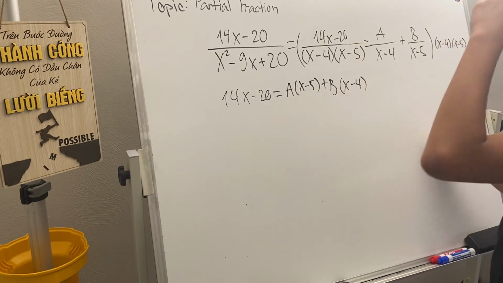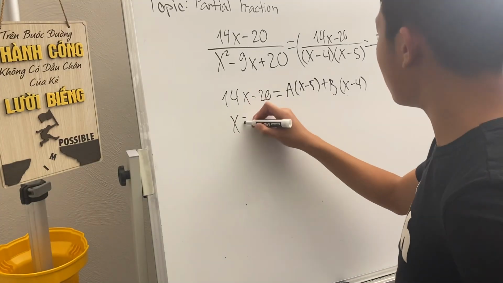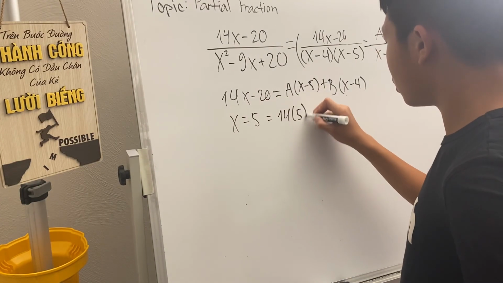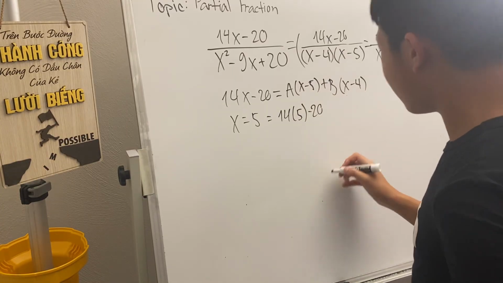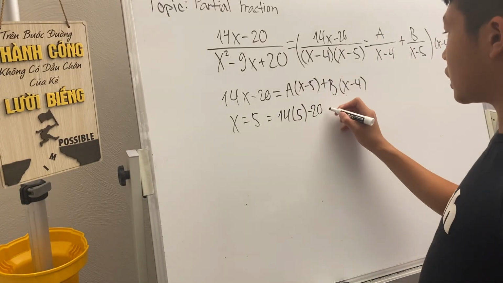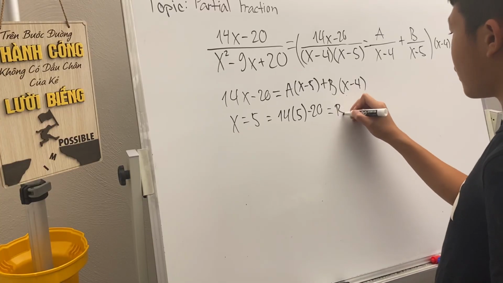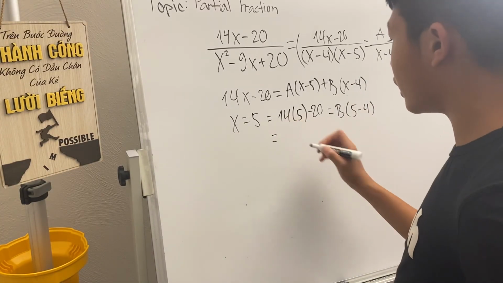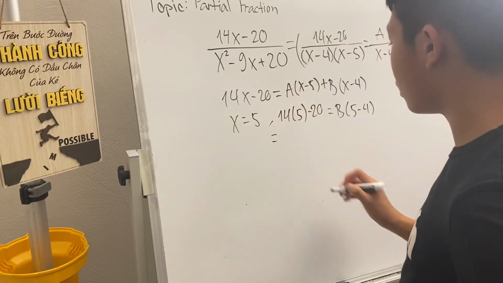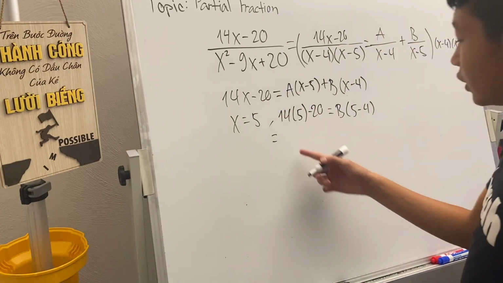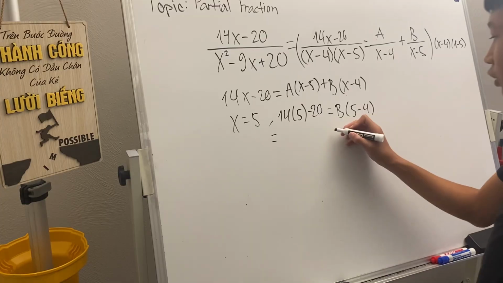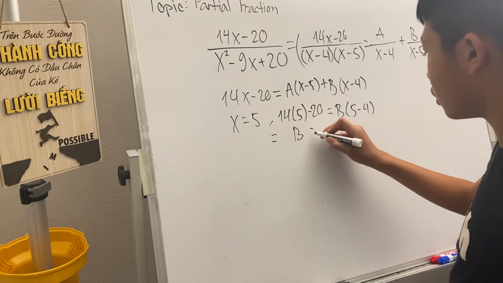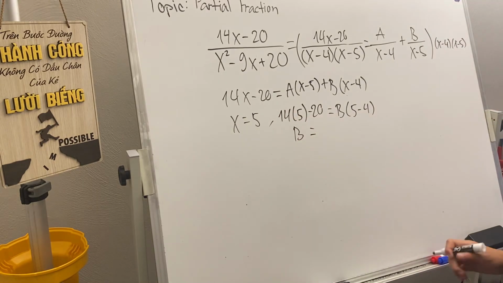Plug in x equal to 5. This cancels, you get B times this. You will get 14 times 5, which is 70. Well, this is just B, of course.